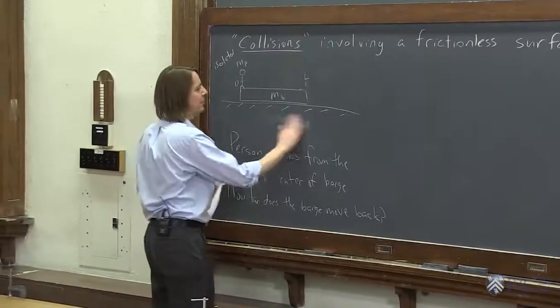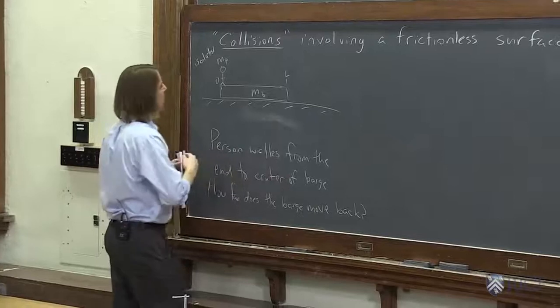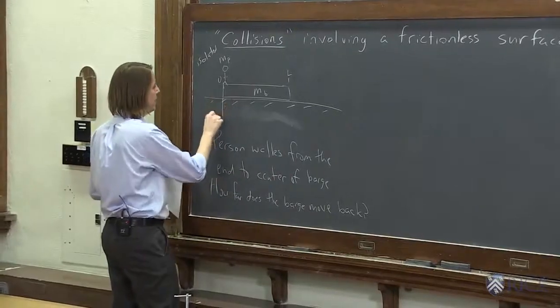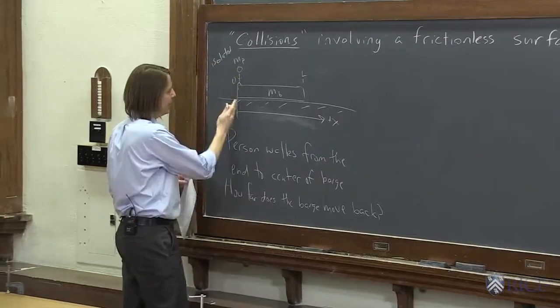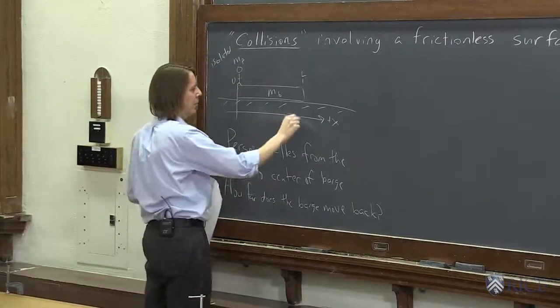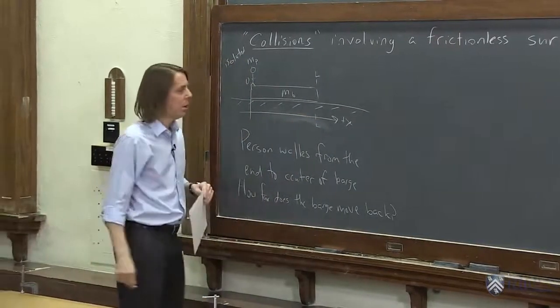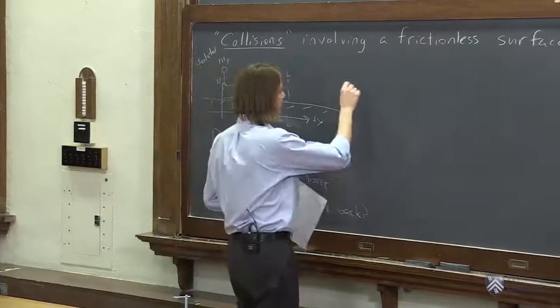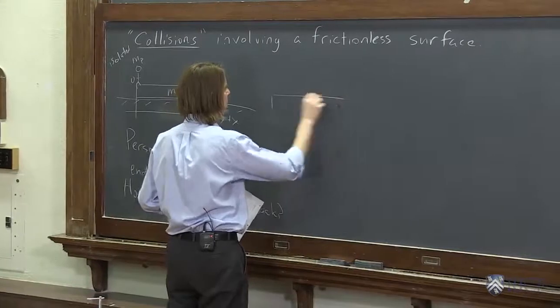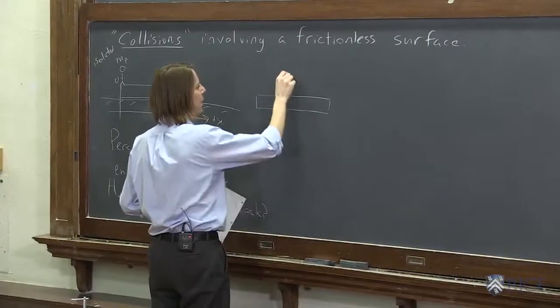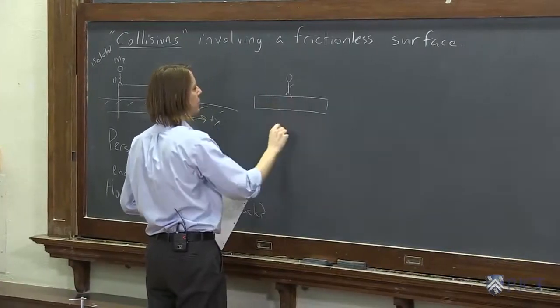So allow me to erase my frictionless word here, because we can use this as our initial position of everything. So on the x-axis, I was at the origin, the edge of the barge is at the origin, the barge is L long. And what's going to happen is we're going to walk a little bit, and we just saw that the barge gets pushed back. I walked, let's say, to L over 2.